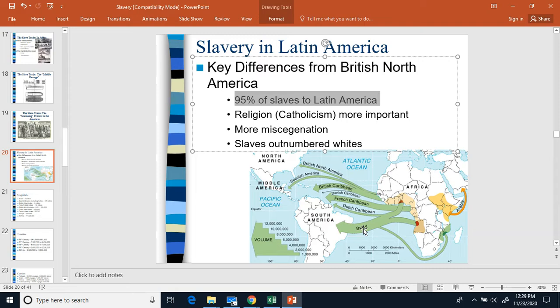The reason is that at this time period, if you were a Catholic, the Bible was read to you and written in Latin. So the only way you could read the Bible as a Catholic was to know the language Latin. Therefore, everything south of the United States is called Latin America.